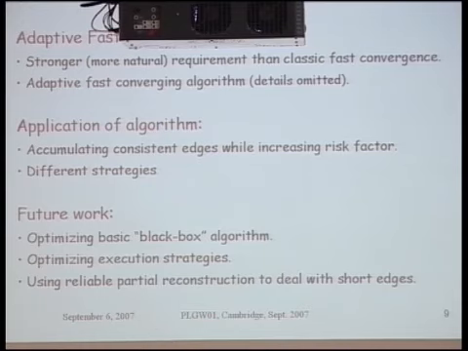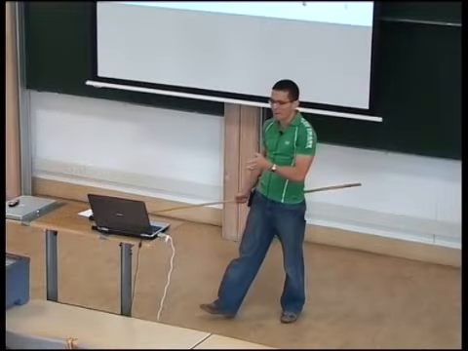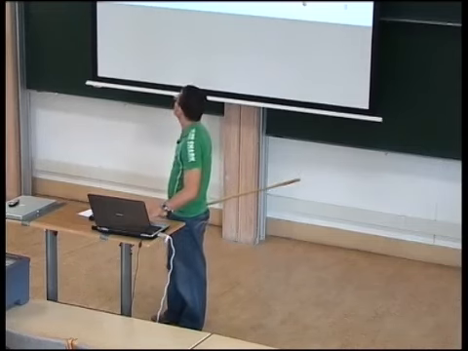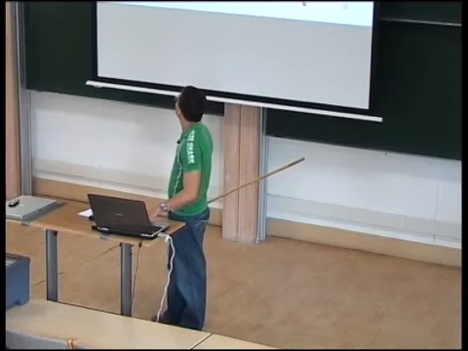What we did, in a sense, successfully, is avoid these short edges, which is nice, but what we would really like to do is deal with these short edges, and we think that by avoiding them at the first stage, you get a topology which is reliable. You can use this extra information to actually deal with the short edges. So thank you all for that.